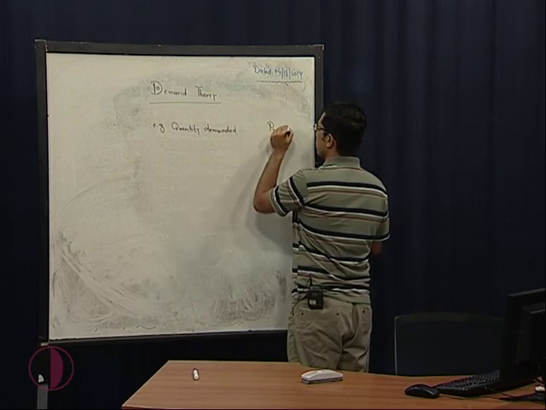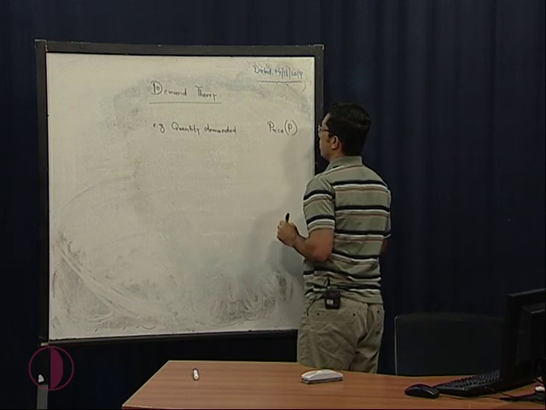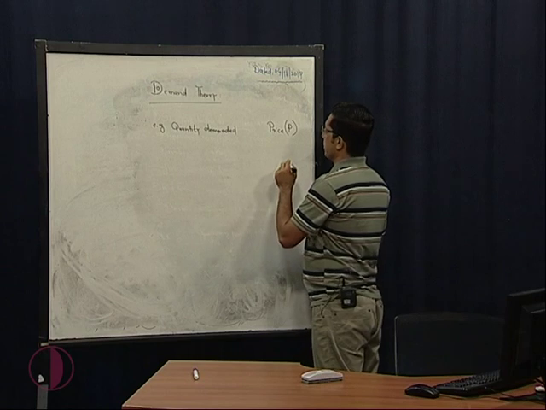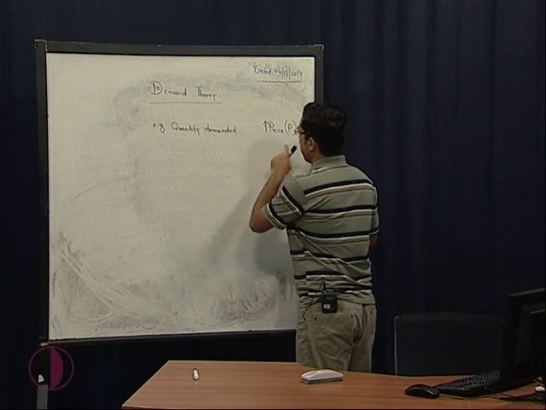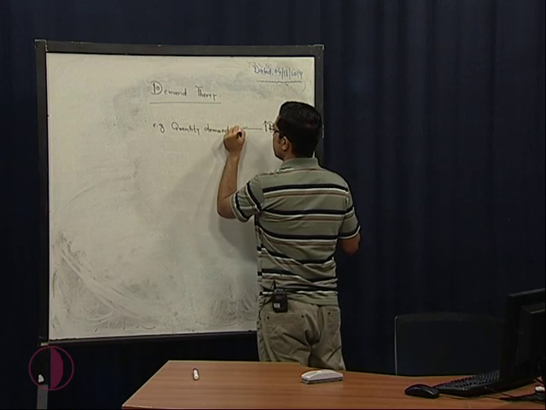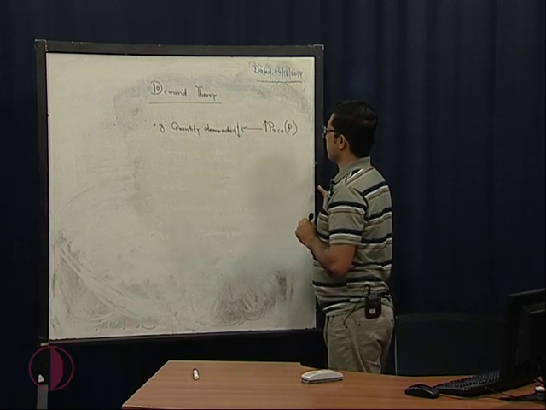If we denote price by the letter P, if the price of a commodity increases, it means that the quantity demanded of that particular commodity decreases.